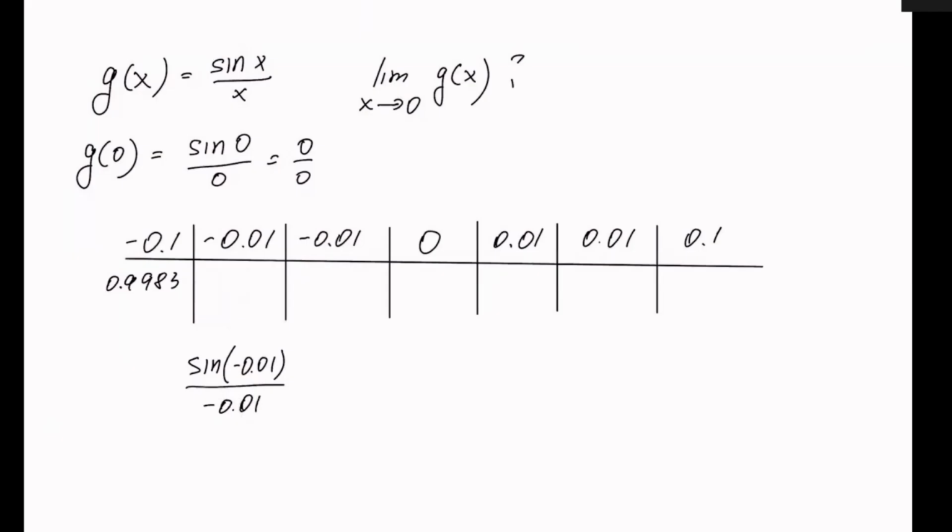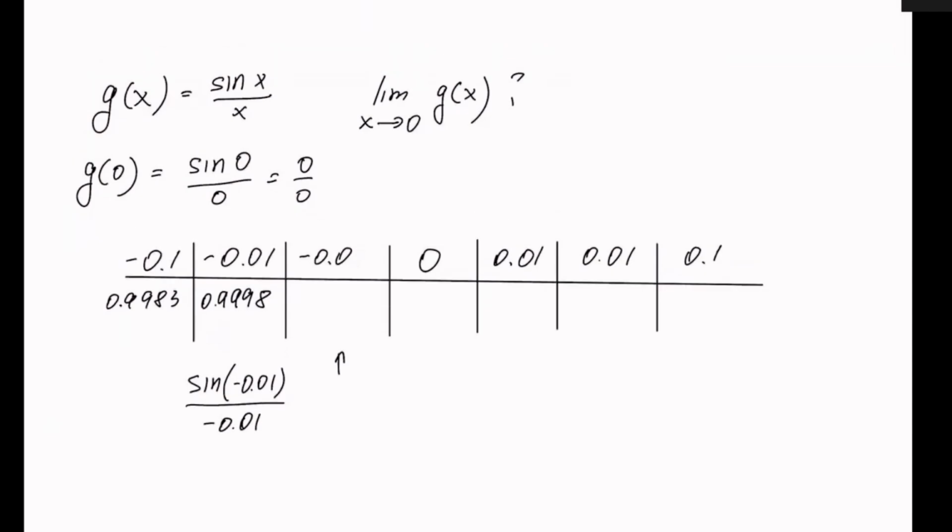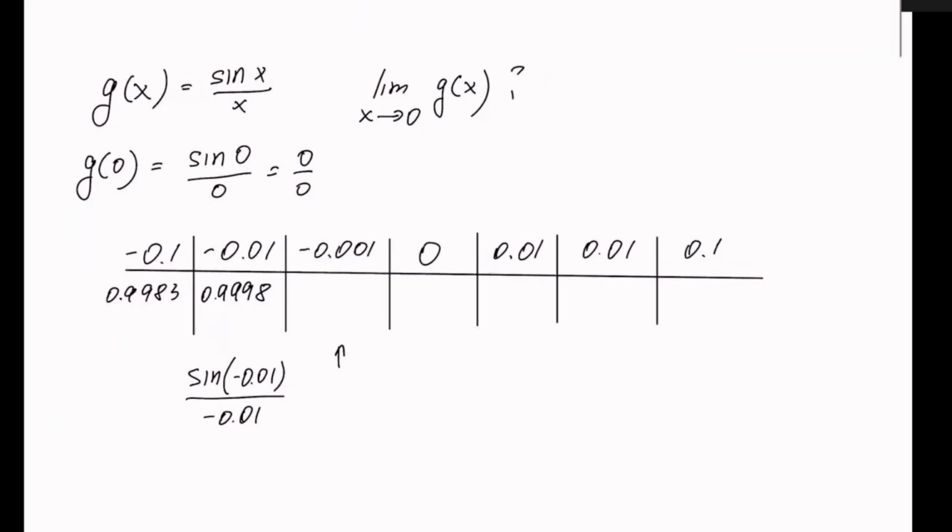If I plug in x equals negative 0.01, I get sine of negative 0.01 over negative 0.01, which would be 0.9998. And now I'll put one more 0, so they're different.